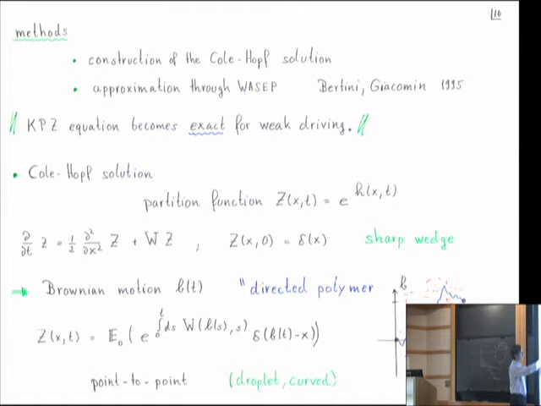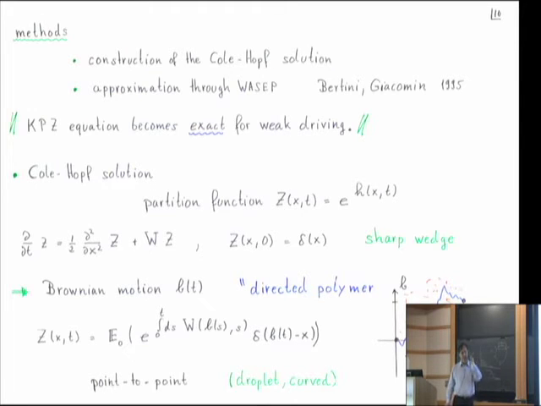There was an observation which goes quite some time back by Bertini and Giacomin. Somehow nobody really listened to it, but now in retrospect, this was actually a very nice and advancing paper. What they pointed out already, and of course which is confirmed by all these things, is that the KPZ equation becomes exact in the case of weak driving.